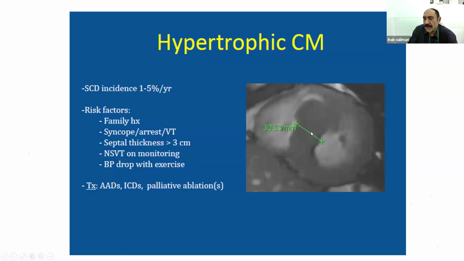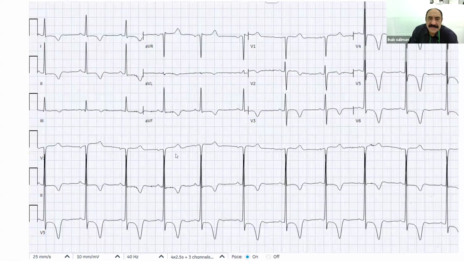And I am going to show you how the echo will tell you in a patient who has hypertrophic cardiomyopathy, it will be a very thick myocardium. And this is the ECG of a patient who has hypertrophic cardiomyopathy. There will be gross LVH changes.